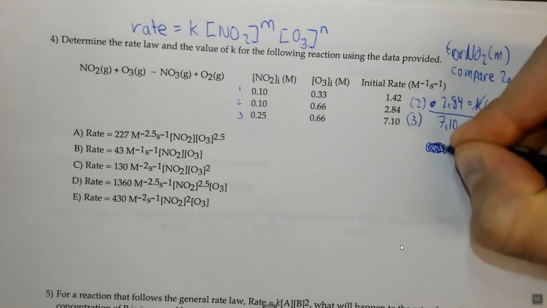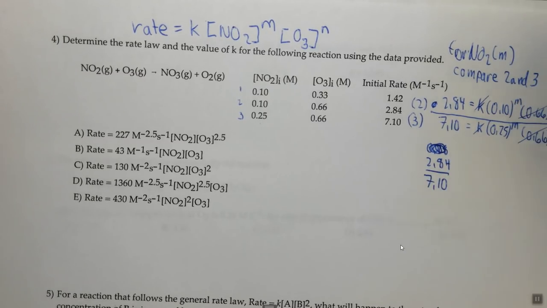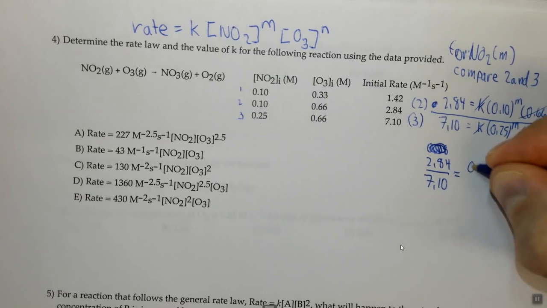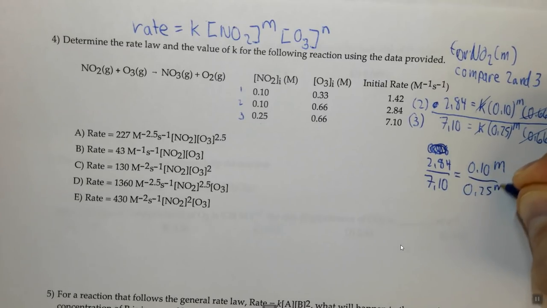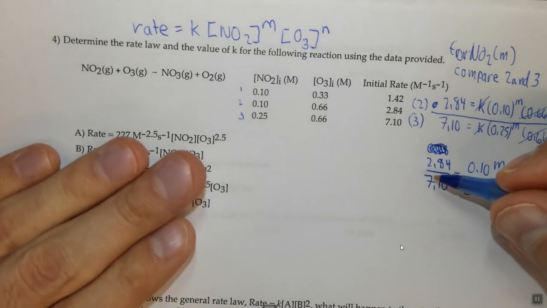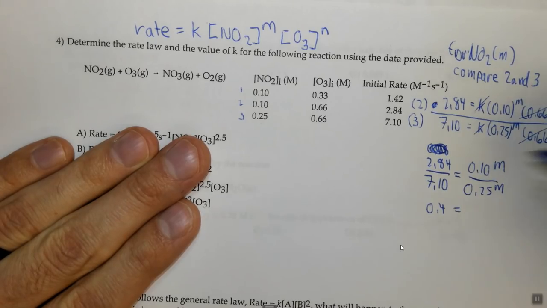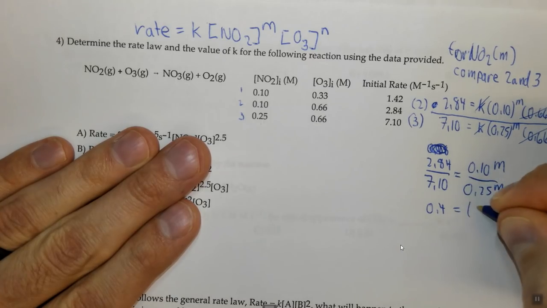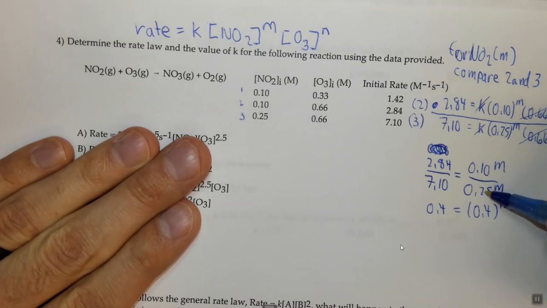What I get is 2.84 divided by 7.10 equals 0.10 to the M over 0.25 to the M. To simplify this, I can say that this, which is 0.4 mathematically, equals 0.1 divided by 0.25 all to the M, which happens to be 0.4 to the M. So I just took 0.1 divided by 0.25 and raised it all to the M power, because that's how the math works.